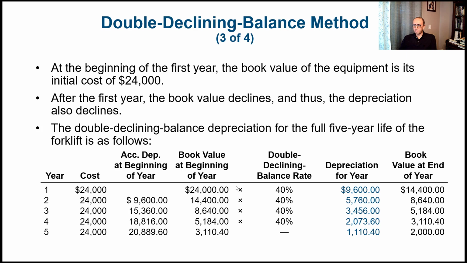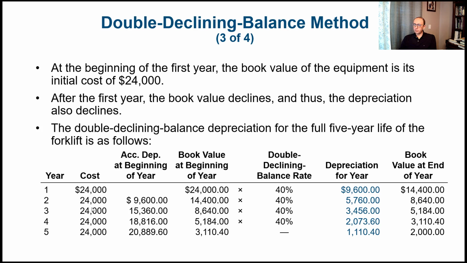We take the 14,400, multiplied by 40%, and that would be 5,760. So you can see that the amount of depreciation declined from the first year to the second year. The new book value now, we take the previous book value, 14,400, subtract 5,760, and the new book value is 8,640.